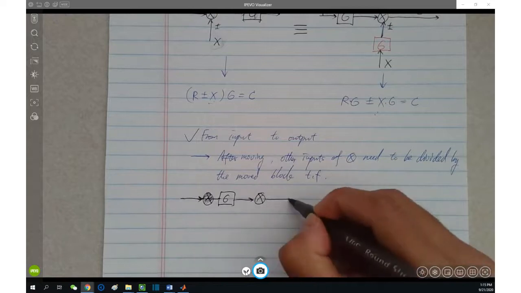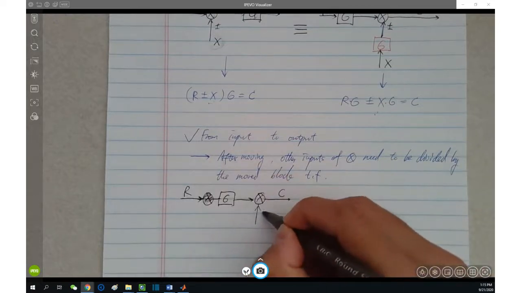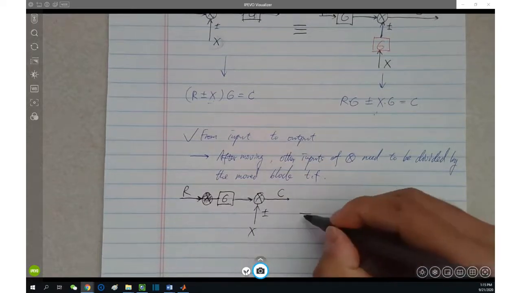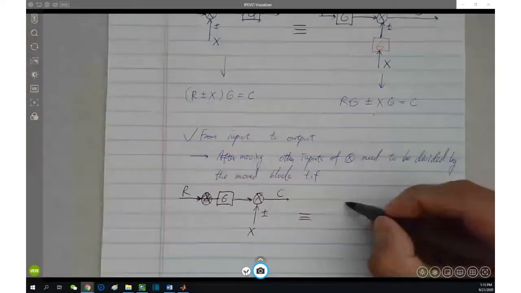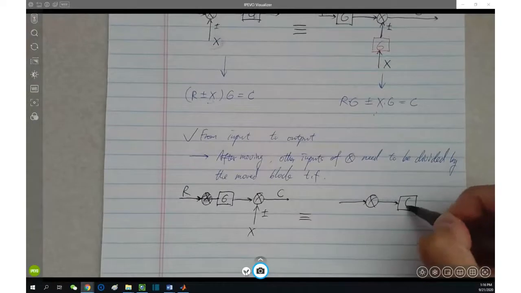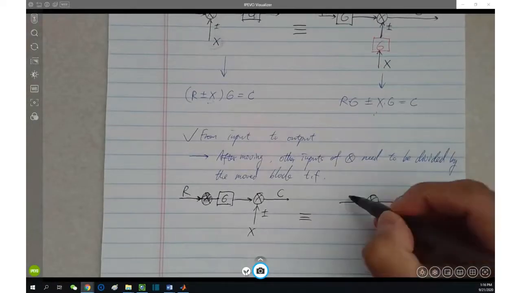And we have output C over here, R here. We have once again another input of the summing junction, like this, right? This time the block is on the input side of the summing junction. According to the algorithm, now we are moving this block over the summing junction to reach the output side.